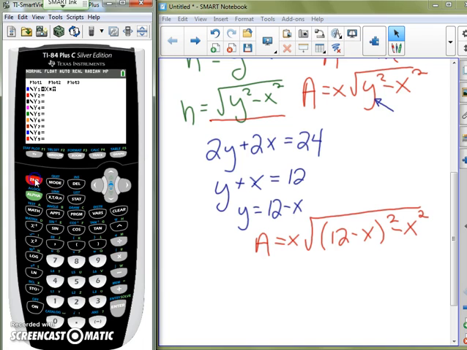X times the square root of 12 minus x squared minus x squared.